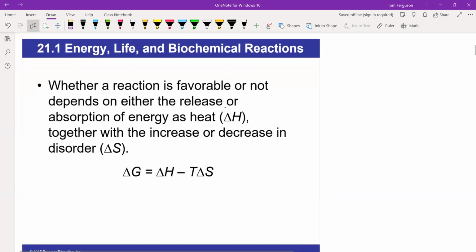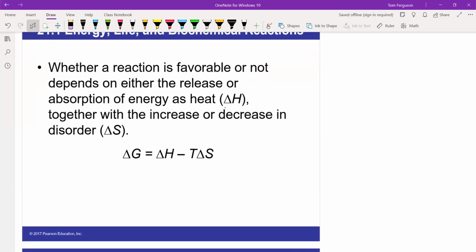Okay, so now this relationship you might not have had in 305. This is entropy. This is enthalpy.